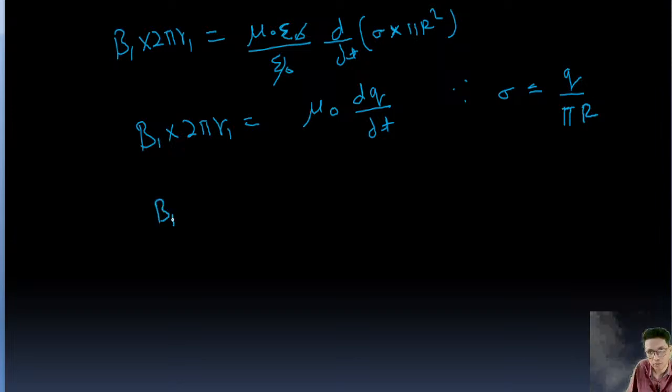So B1 into 2 pi r1 is going to be mu0 I, okay.